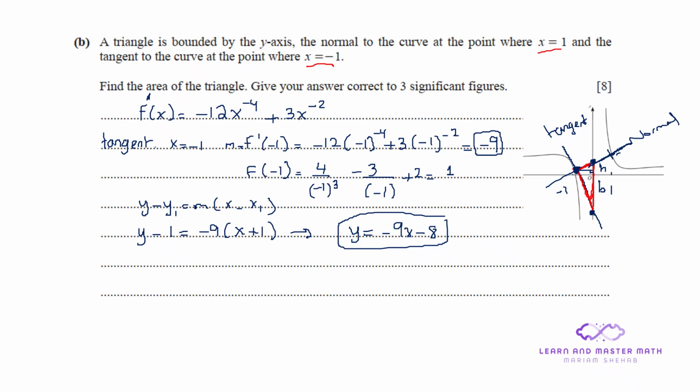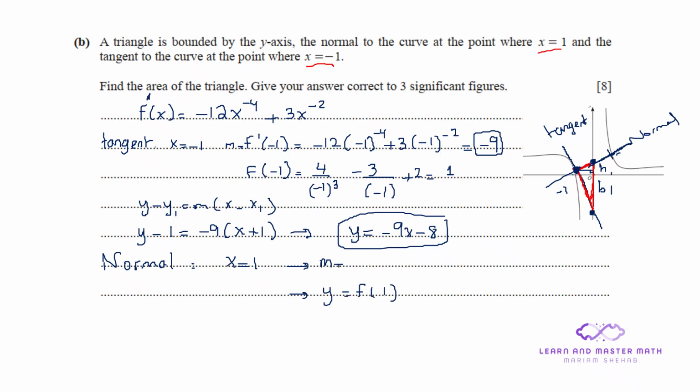Now we need to find the normal equation. For the normal, the x was 1. So again, we'll find the slope for the normal, and sorry, the y, which is f of 1, we need it.